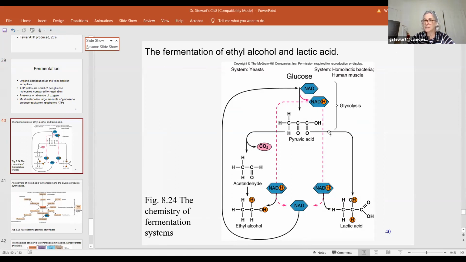So we have glycolysis, and then we have one more chemical reaction to form lactic acid. This is what's happening in your muscle cells when they form lactic acid or lactate, where you feel a burn in your muscle when you're lifting weights or you're running or whatever, because you're out of oxygen to do aerobic respiration. So some textbooks will say you switch to anaerobic respiration, but technically you're actually switching to fermentation.